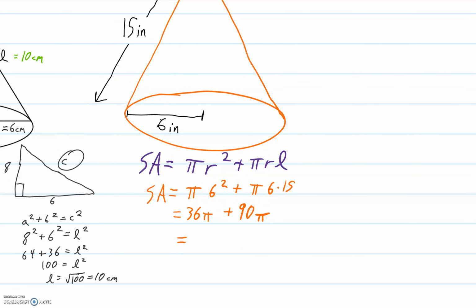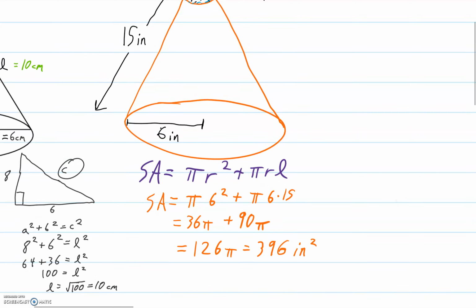Then we add those together to get 126 pi. 126 pi equals 395.8. I haven't been doing decimals yet, so let's just round that.